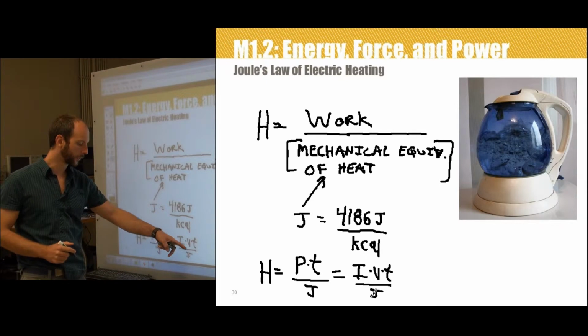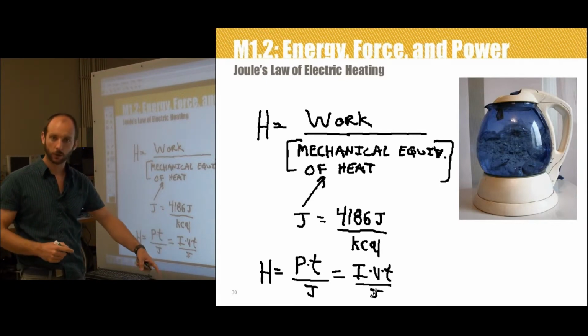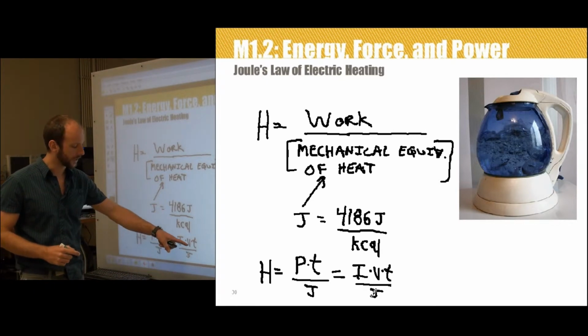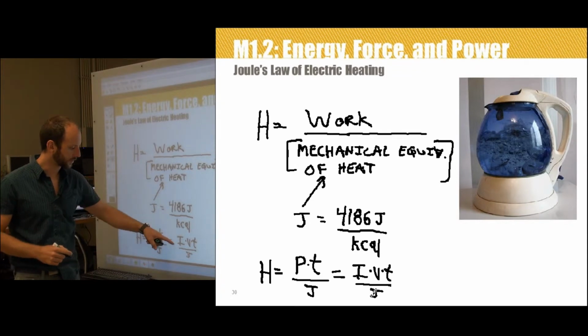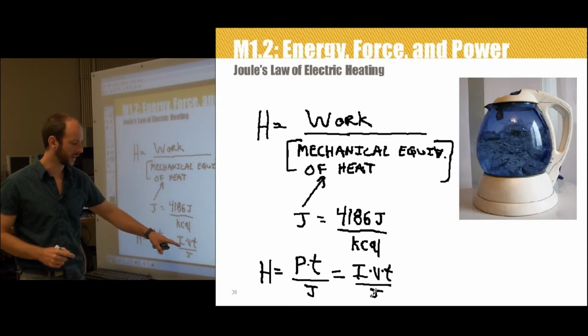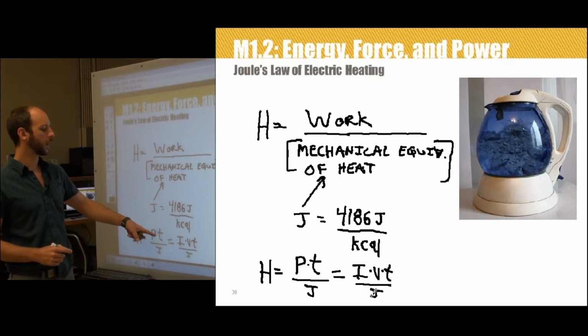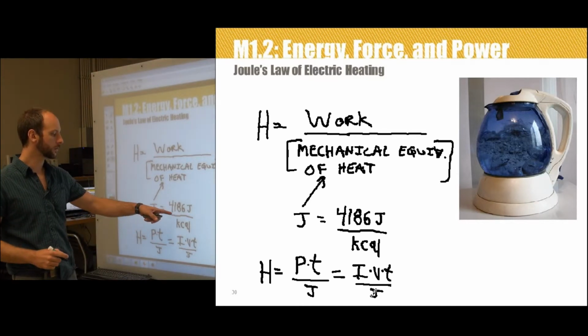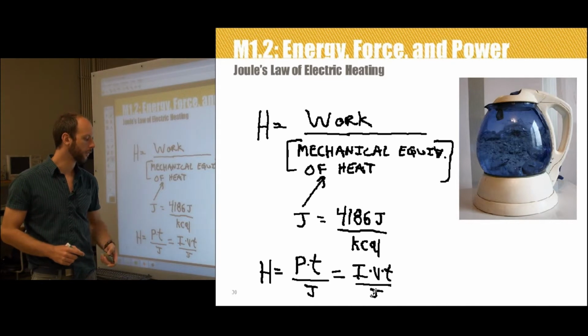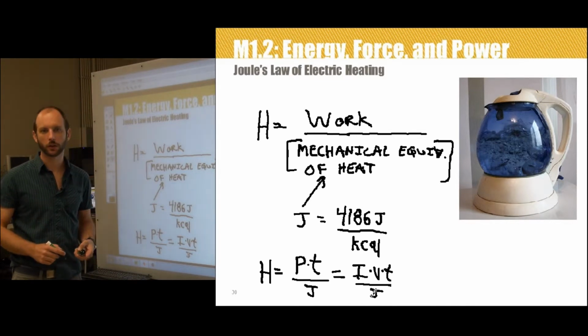Work, as we discussed earlier, is power times time. Power in an electrical circuit, as we discussed earlier, is I times V. So work in an electrical circuit is I times V times T. And then I just divide that by J, where J in this case indicates the conversion of joules to kilocalories.